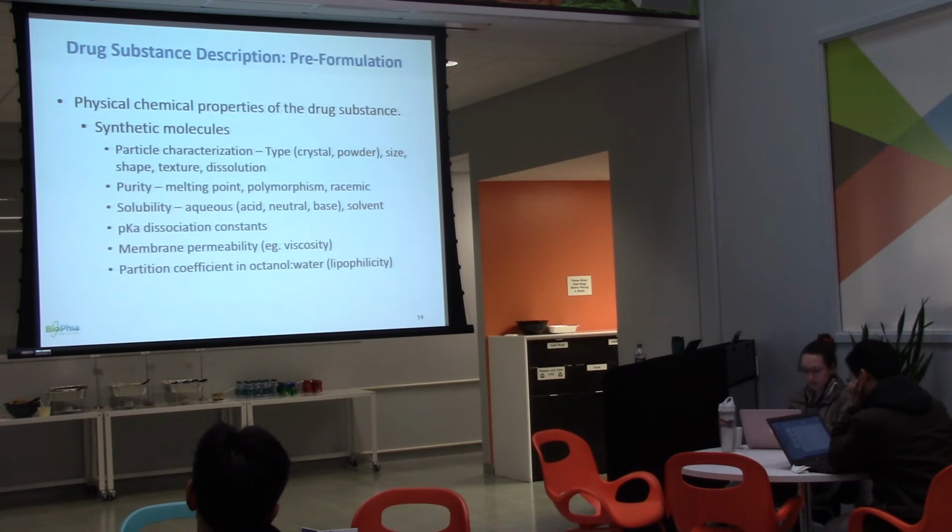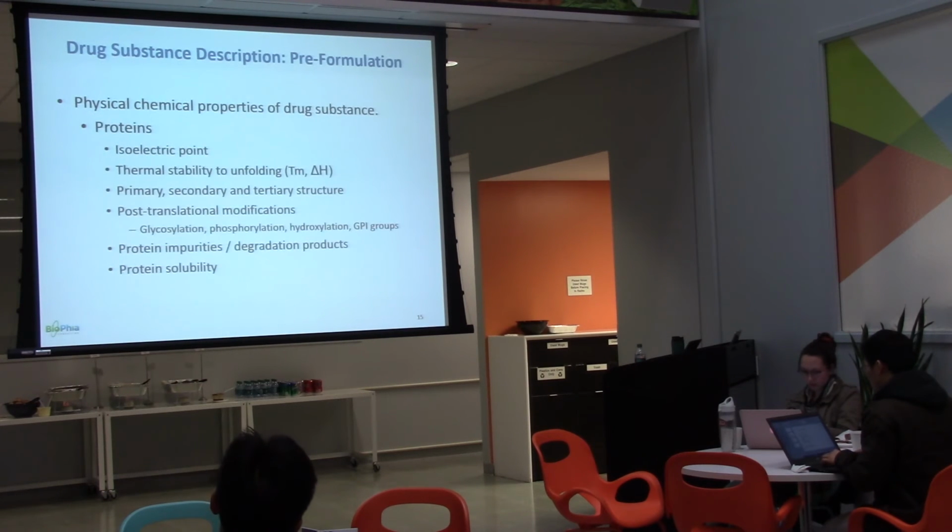What are the pKa dissociation constants if it's an amine group or carboxyl groups? What's its membrane permeability, which can determine how readily it gets inside a cell if that's where the target is? And what's its lipophilicity? So is it going to be something that's going to be absorbed very readily from the gut, for instance? So those are some characteristics that you want to address.